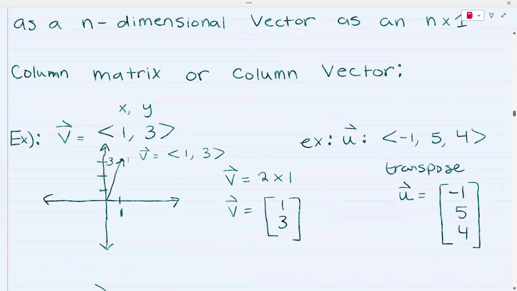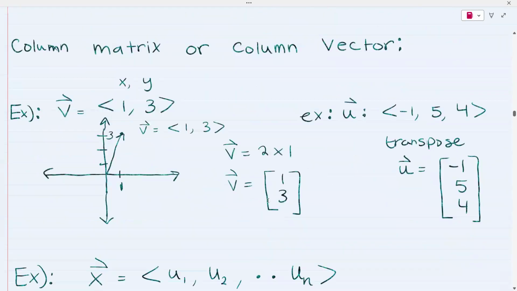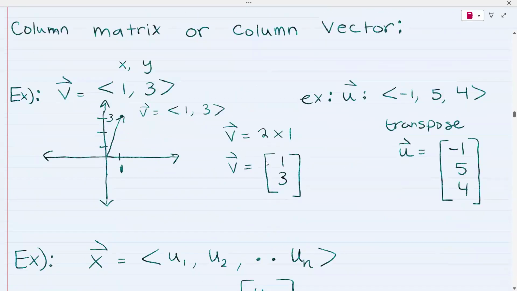For example, vector v is 1 comma 3. If you want to transpose it as a matrix vector, it would be matrix 1 3, and as you can see, this now will be 2 rows by 1 column.